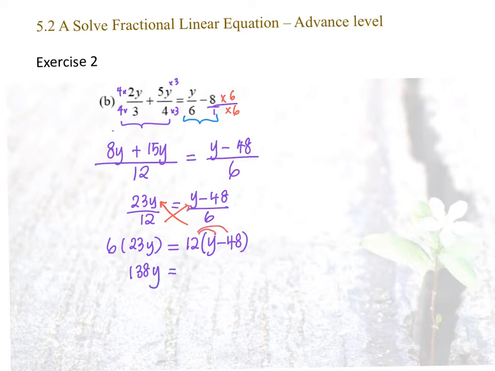Expand 12 groups of y, subtract 12 groups of 48. And now, put all the y terms together on one side. You'll be able to get the solution.